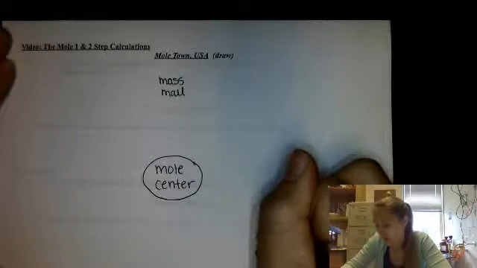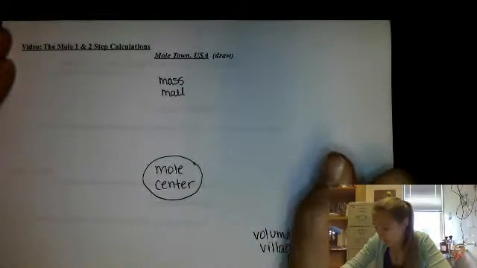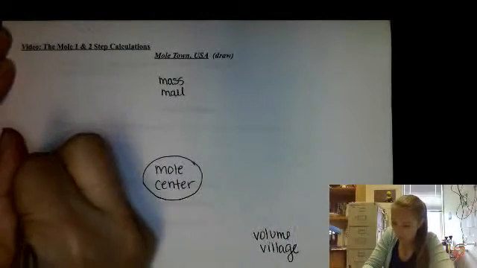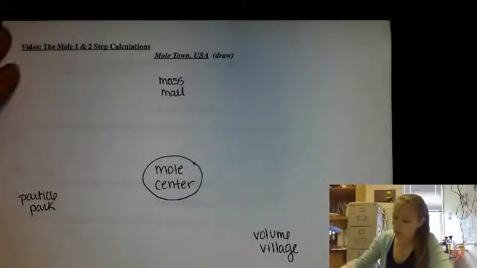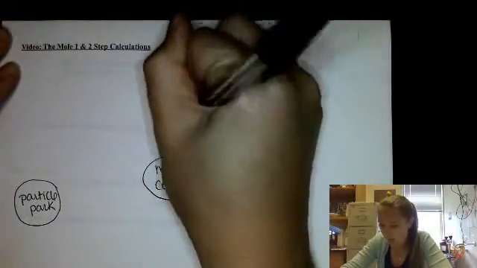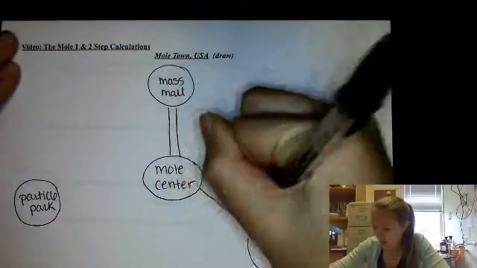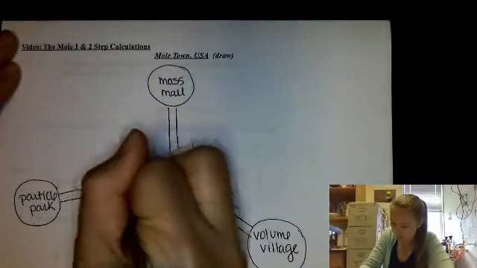They can travel to volume village, or they can travel to the particle park. To get to any of these places, the moles need to travel on sidewalks, and their currency or fare to go across the sidewalks is their conversion factor.